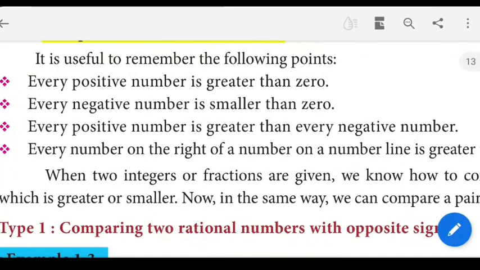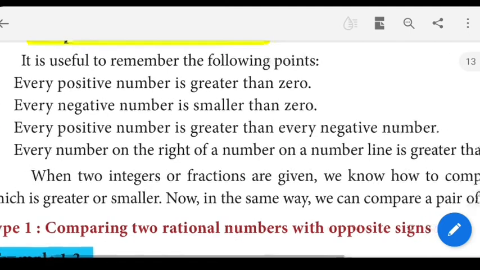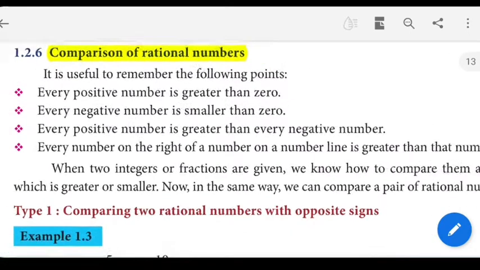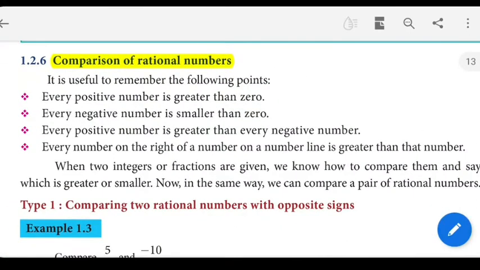And last one: every number on the right of a number on a number line is greater than that number. That is, in a number line, if you take any number, all the numbers on its right side are greater than that number.